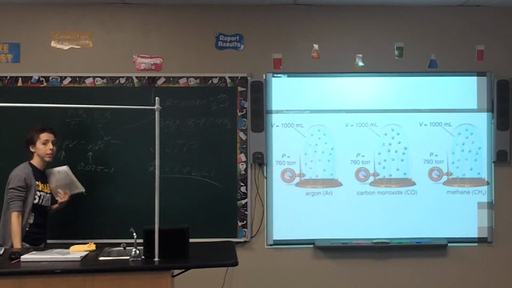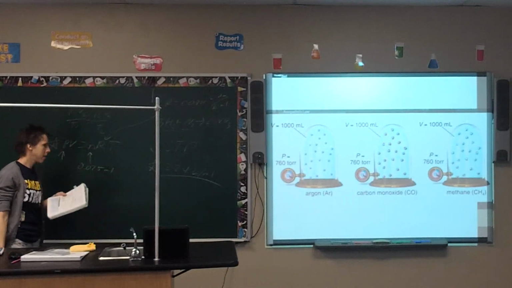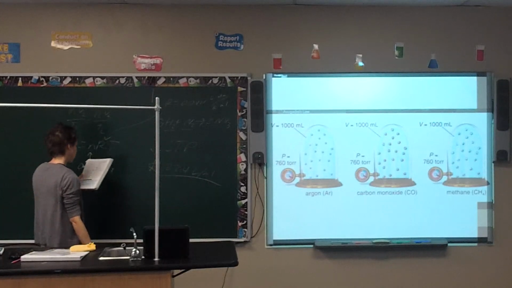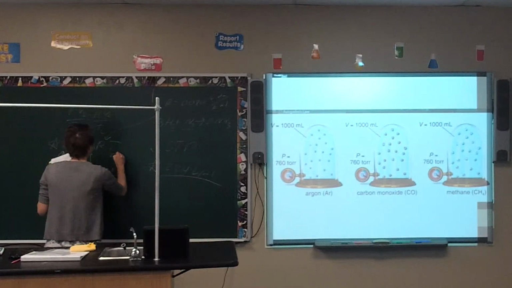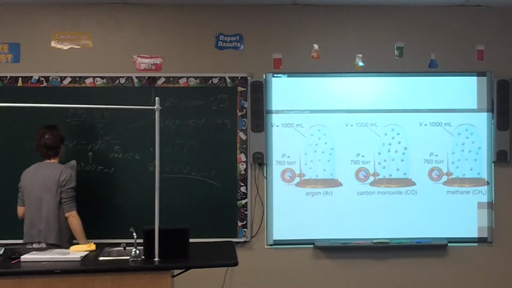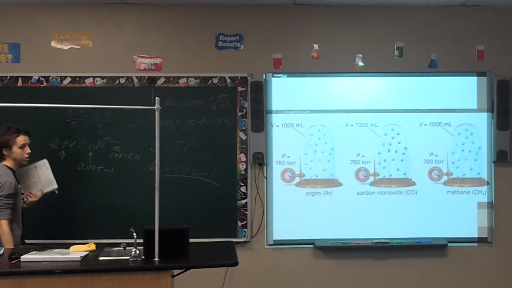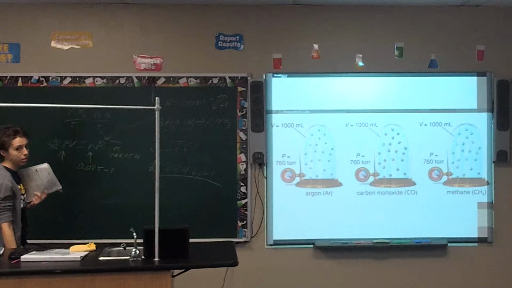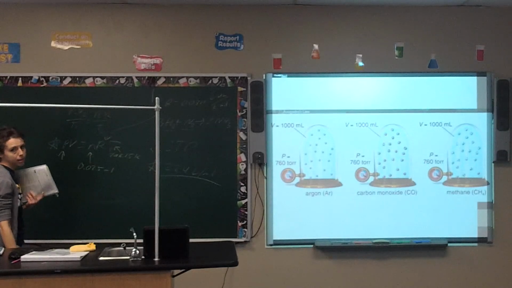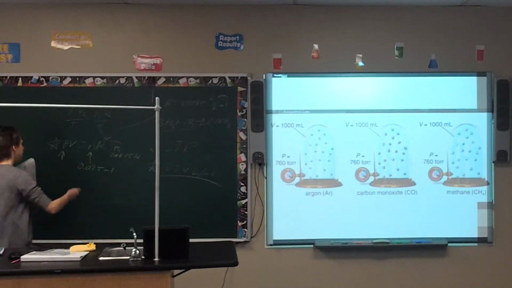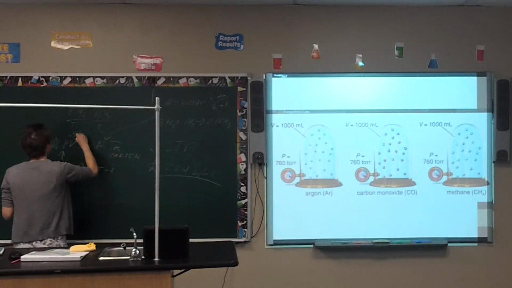Can I use 25 degrees Celsius? Nope, it has to be in Kelvin. So 25 plus 273.15, 298.15 Kelvin. That's temperature. And then volume, 400 milliliters. Can I use that? Nope, it has to be in liters. So milliliters to liters, this becomes 0.4 liters.